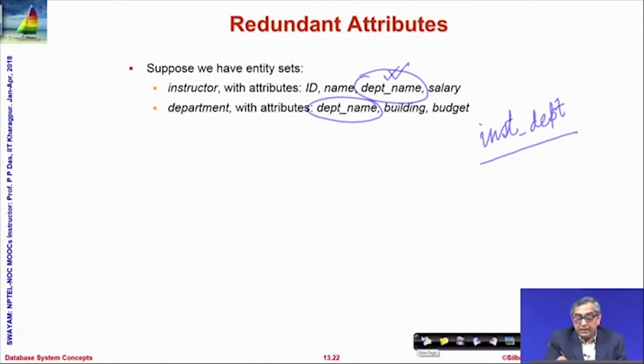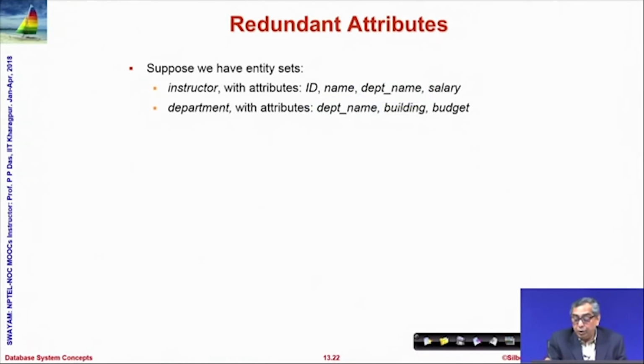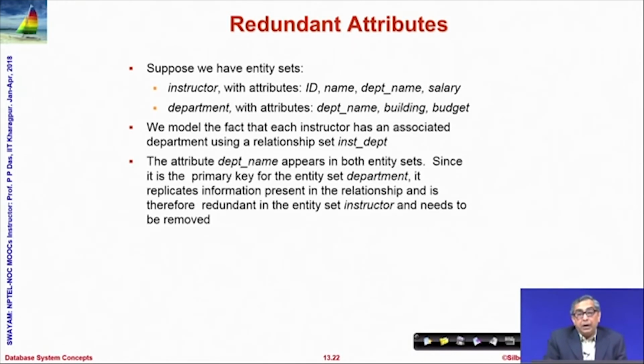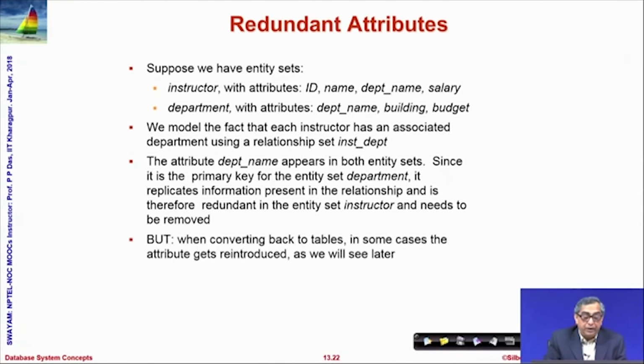So, in several cases there is a question of whether we maintain some information in terms of a relation, or we can include that directly in the entity set and get rid of that relation. So, if I have the inst_dept relation and then the attribute department name appears on both these sets, inst_dept as well as on the instructor, there is duplication, replication of the data which we would want to avoid.